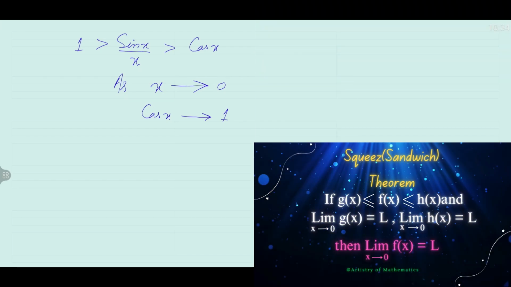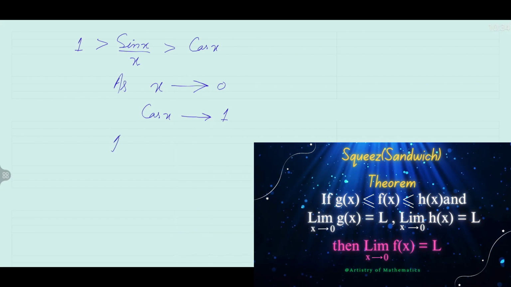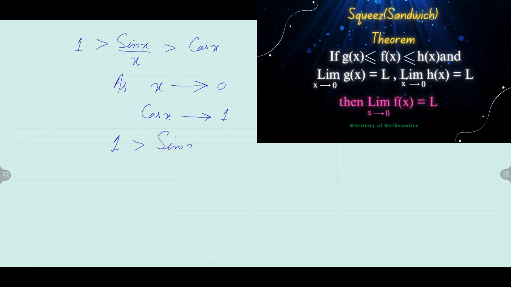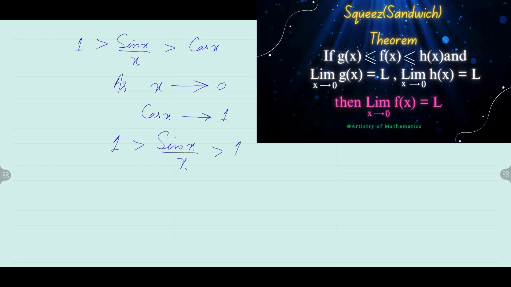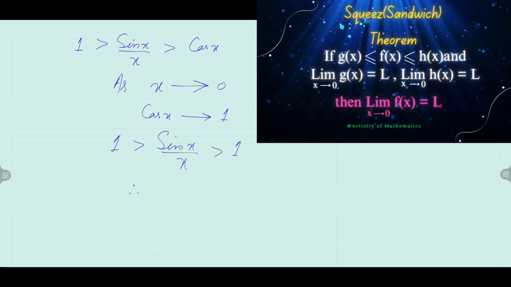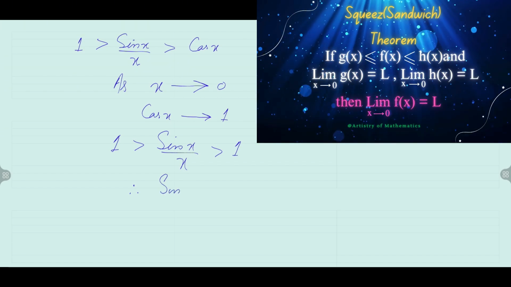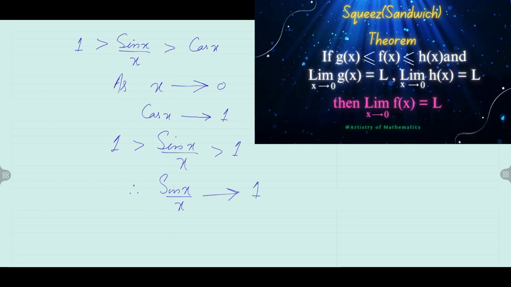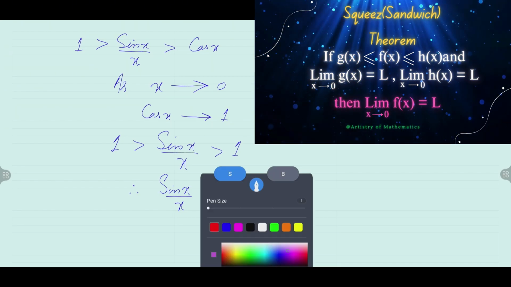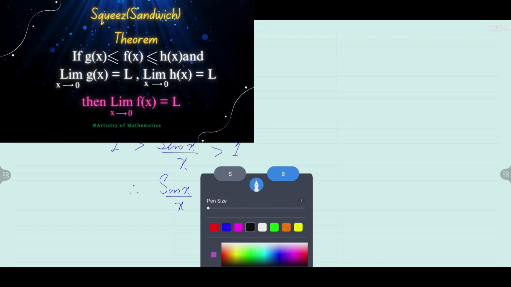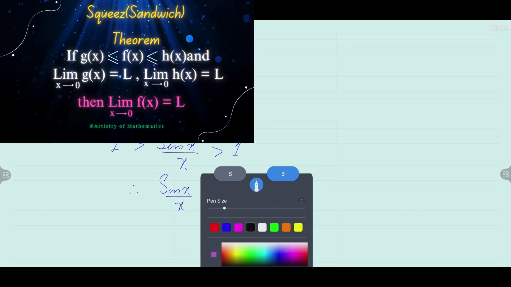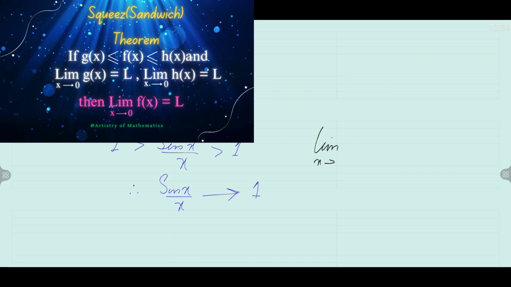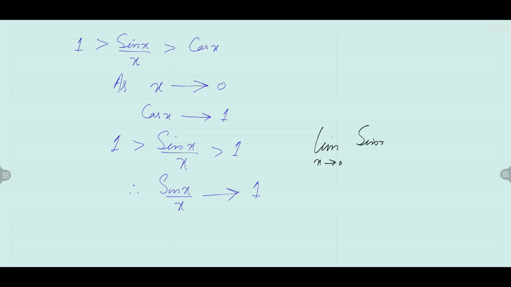Finally our inequality will become 1 greater than sine x by x greater than 1. So therefore sine x by x approaches to 1. Because of squeeze or sandwich theorem, limit x approaches to 0, sine x divided by x equal 1. Finally we proved our theorem.